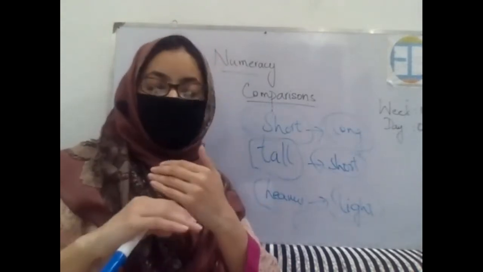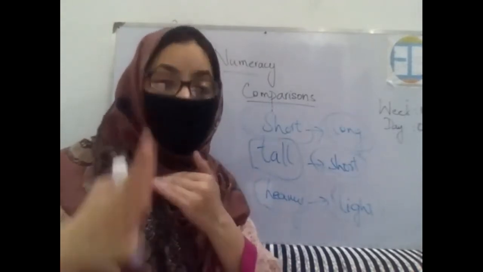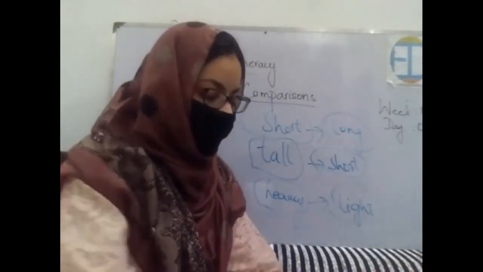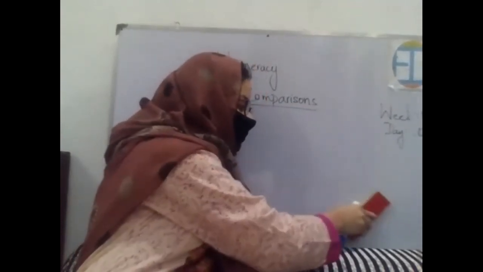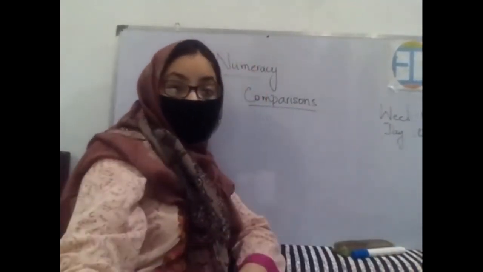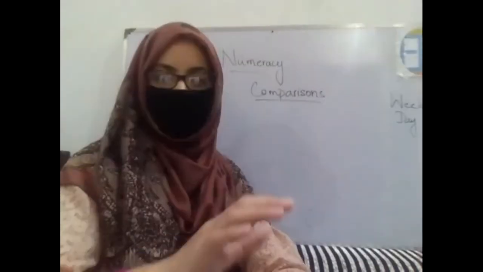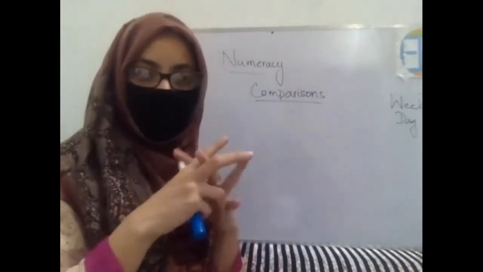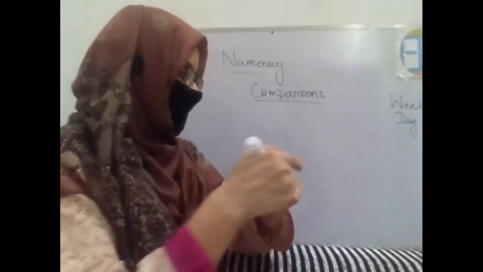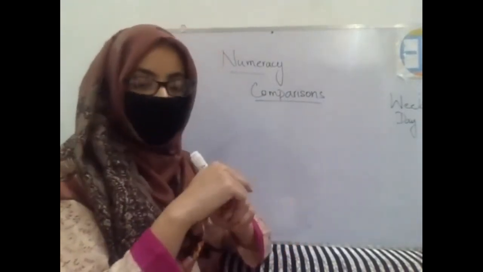Now in adjectives we have comparative degrees, right? Comparative degrees means that the things vary. There is a comparison between them. What I mean by comparison or difference in qualities is, let's say you have three pencils, right?